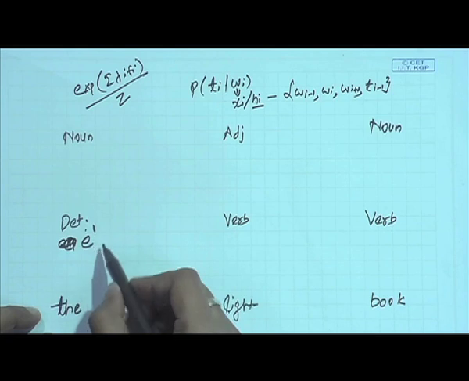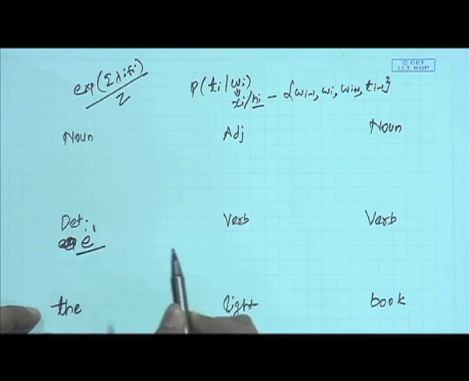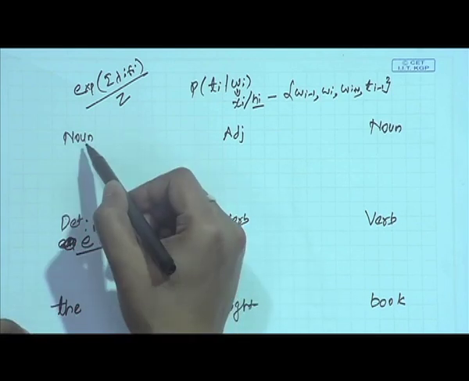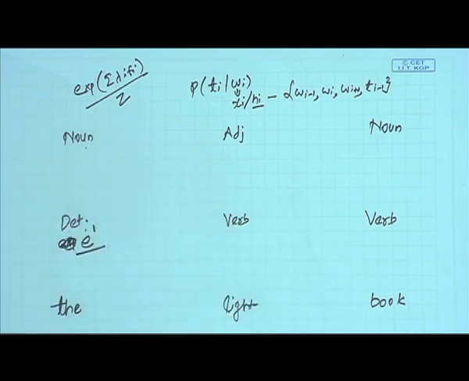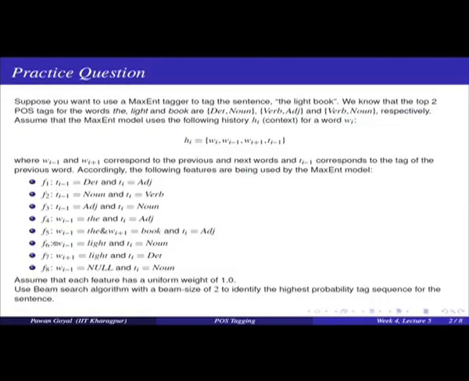Yes, lambda is 1, divided by z. Let me find out z later. Let me find out the value for noun. Again, similar to this one, all the features from f1 to f6 will become 0, because we do not know the previous word or previous tag. This feature could have become 1, but the current tag is not determiner but noun, so this will also be 0.